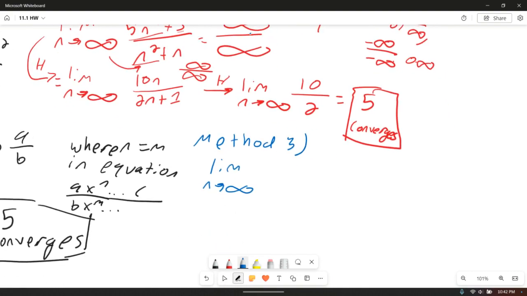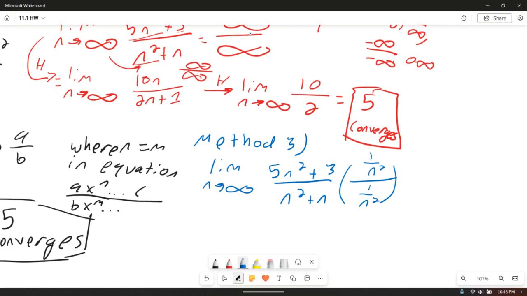So the limit as n approaches infinity of 5n squared plus 3 over n squared plus n. There's a strategy we could use with this one where we multiply the top and bottom by 1 over n to the highest degree.